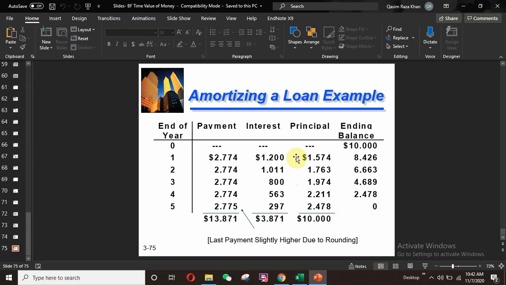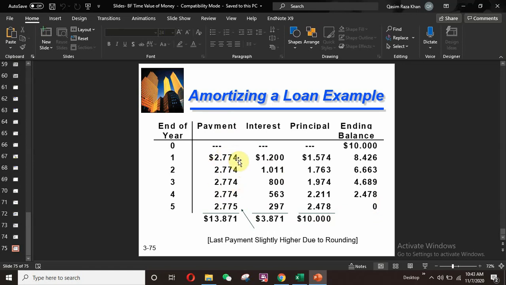Here we learn two to three financial terms and concepts. The first one is that we need to decide the annual payments in amortization of a loan, and from the previous slide we learned how we can identify the total annual payments.